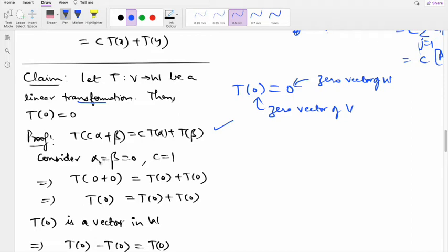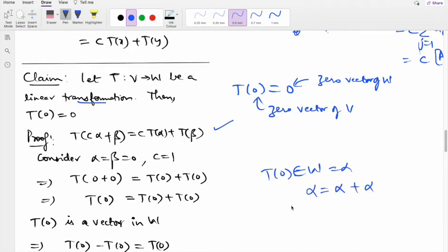Now I have T of (0 plus 0), scalar multiplication and vector addition. Again you get 1 times T of 0 plus T of 0. So you get T of 0 is so and so. What is T of 0? It is some vector in W, right? So let's say I call it alpha. So what I'm saying is that alpha is equal to alpha plus alpha.